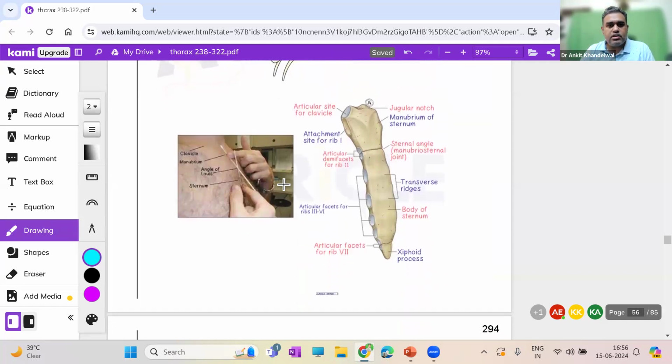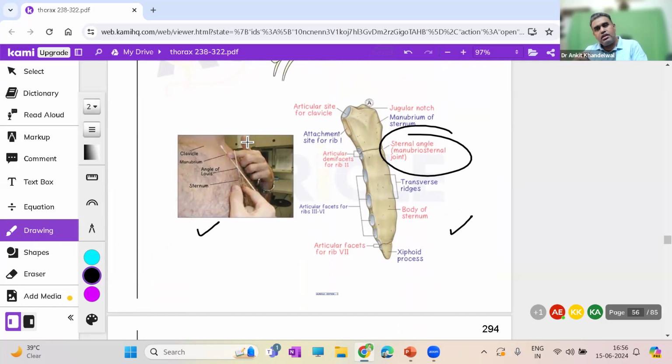Go through this image, try to understand. Here's an image shown from a practical standpoint. There's a bone over here, the sternum. This is the sternal angle, or angle of Louis, what we normally call it. Sometimes the examiner, or in the PG exam, whichever stage you are preparing for, might ask: at which vertebral level is the sternal angle lying? If you trace the sternal angle posteriorly, which vertebra will it intersect?